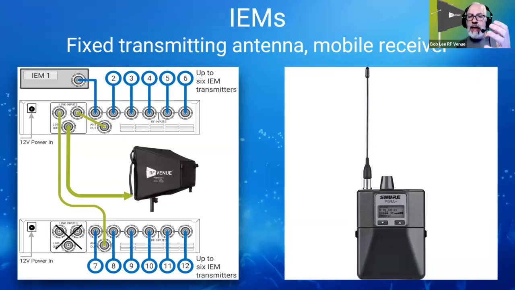So IEM body or belt pack receivers are really too small to utilize diversity reception, although you do see some that have 2 antennas, but they're so close together and they're both oriented the same way.